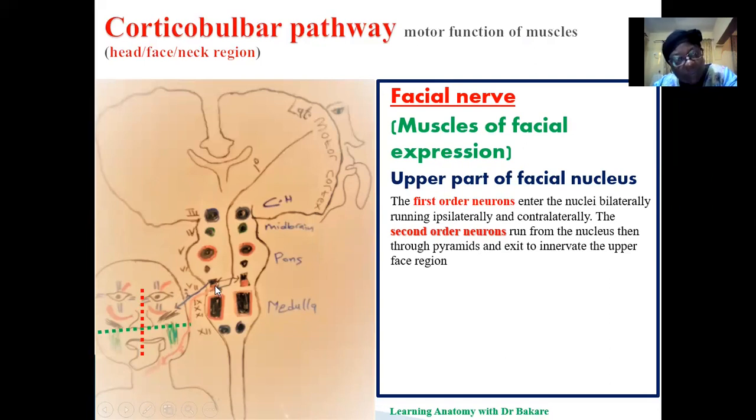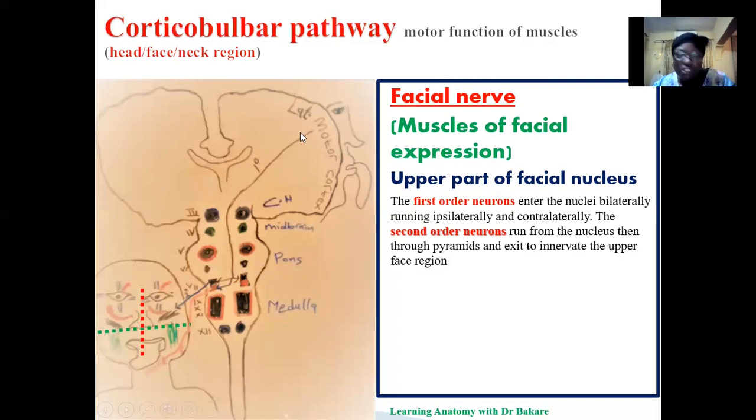Then this synapses with the second order neuron, which takes it up from there, and it innervates muscles in the lower region of the face. One of the muscles located in the lower region of the face is the mentalis. So you can see that the facial nerve is a bit different from the other nerves that we have described. And this difference is more highlighted in the lower region of the nucleus, where they only give a contralateral branch.